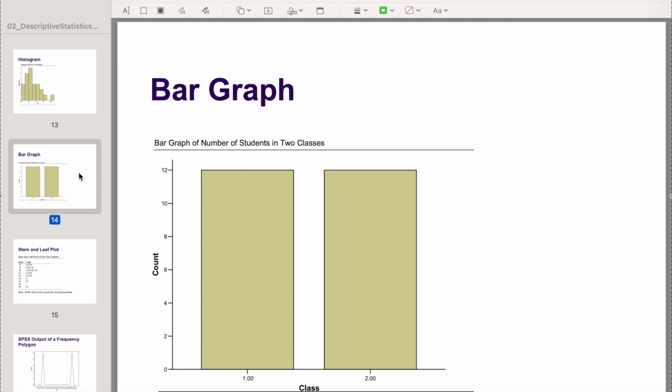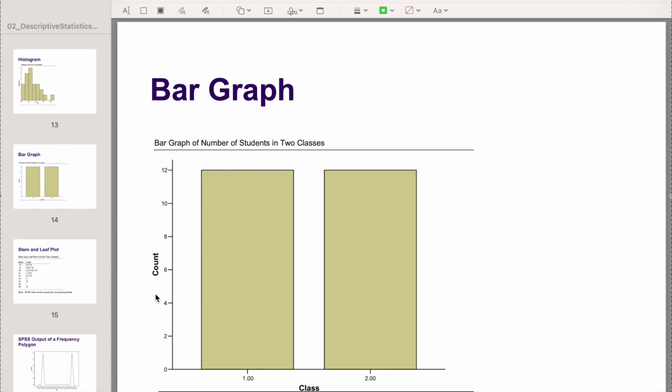So the bar is showing the number of students in the two classes. So we have class A and class B. Both of them had the same number of students. So that's why these two bars have the same height.